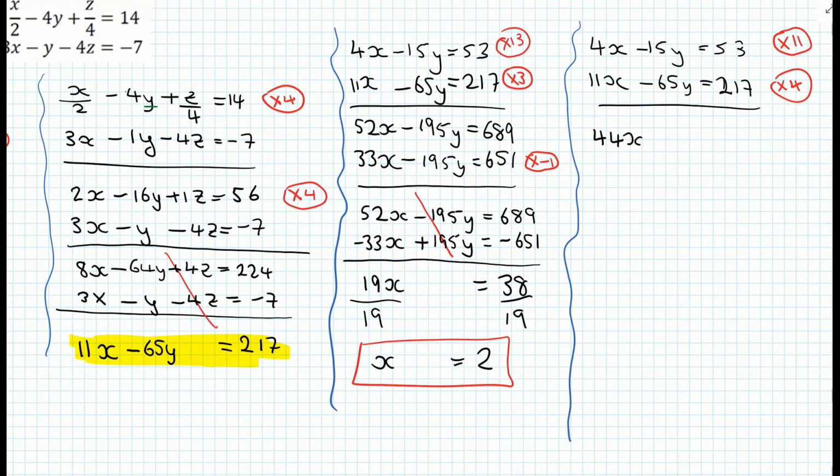That's meant to be an x. Let me just get my rubber. Minus 15 multiplied by 11 is giving me 165. And 53 multiplied by 11 is 583. On the bottom now, I'm multiplying 4 by 11 gives me 44x. 4 multiplied by 65 is giving me 260.